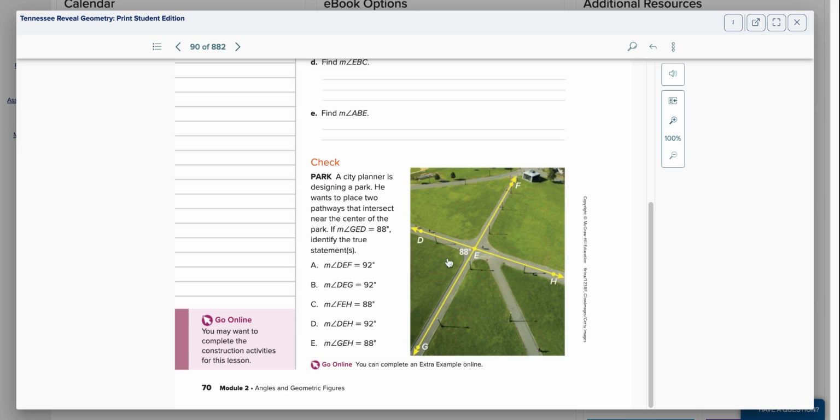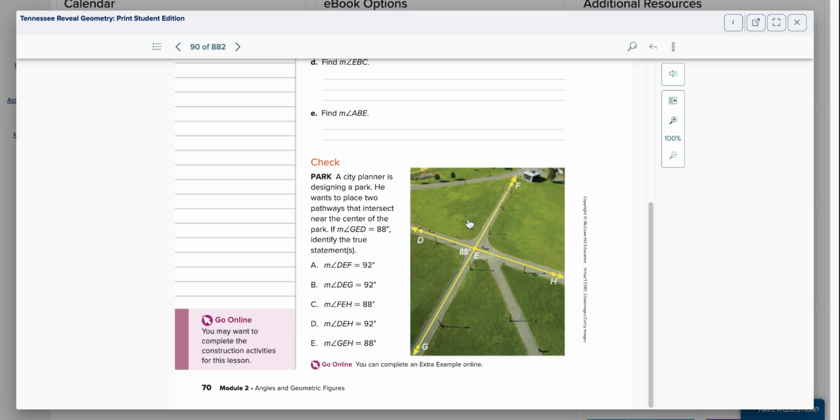All right. Well, first off, these are 2 straight lines, which makes these 2 angles vertical angles. So this angle over here, FEH, is also 88 degrees automatically. So C is for sure a correct answer, 88 degrees. All right. Now, straight lines, or the linear pair, however you want to look at this, make 180 degrees.